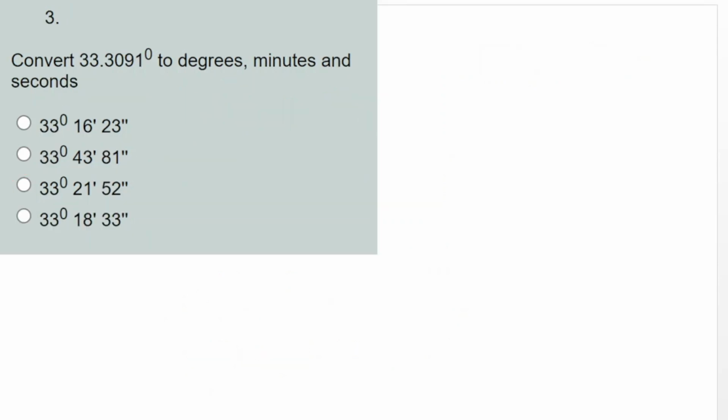The third one is still the same thing, with the same process. Our answer, the first part, will be 33 degrees. Now it is 0.3091 that I want to change. We'll change this one to minutes, so we're going to multiply by 60.